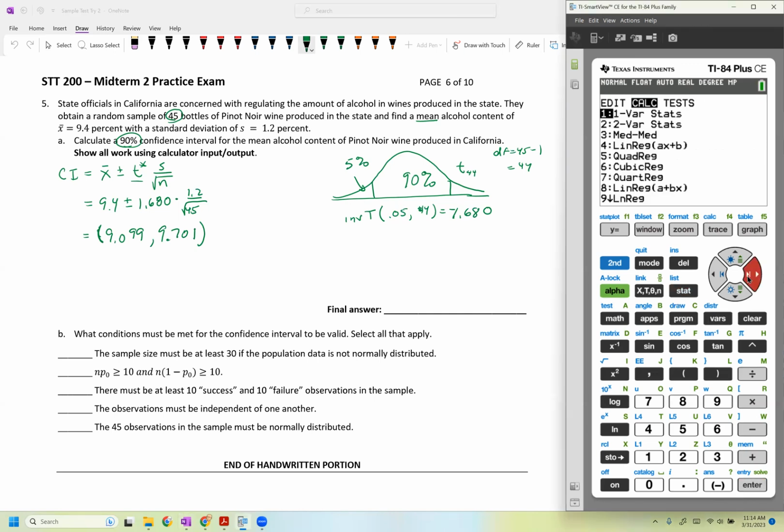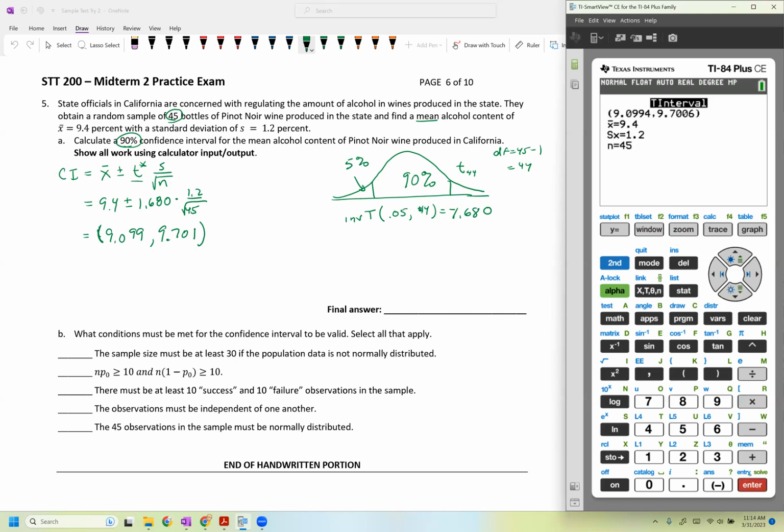Just to note, we could have gotten those numbers without showing our work, which is not advisable, but we can check our work, and this would be called a T interval on our calculator, where we say that our mean is 9.4, that our standard deviation was 1.2, and our sample size was 45, and we wanted a 90% confidence.